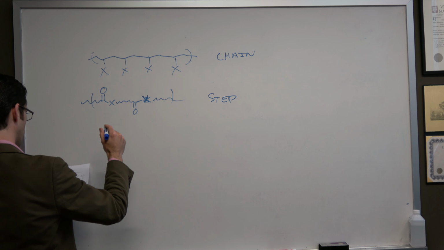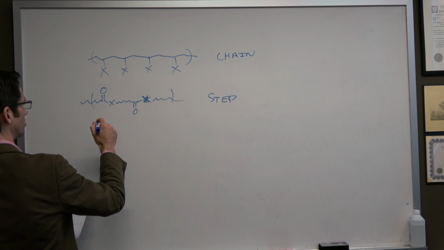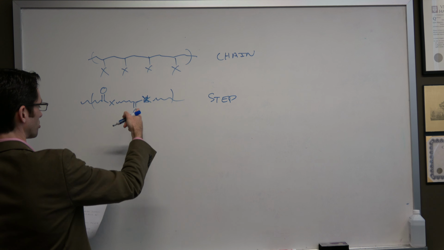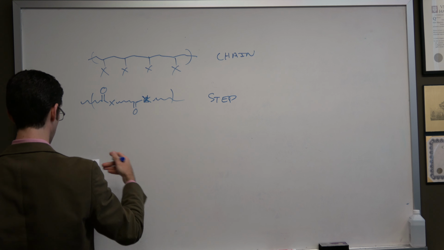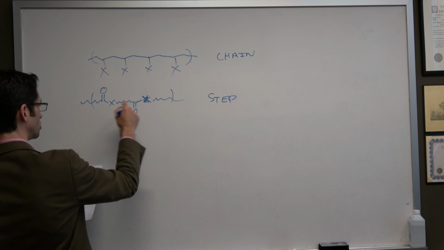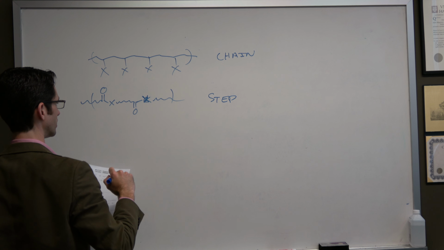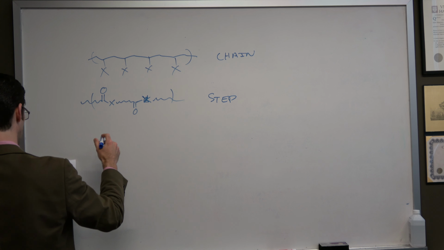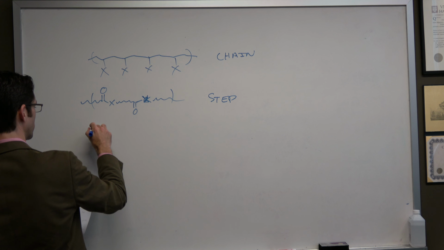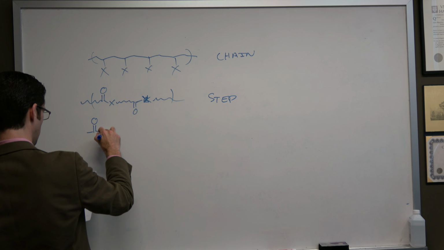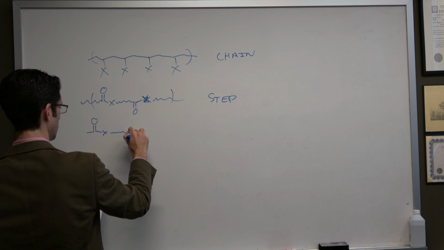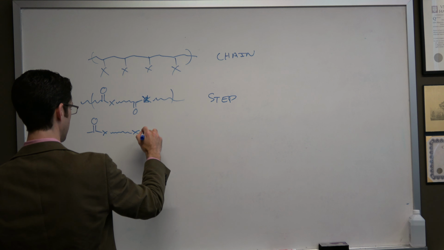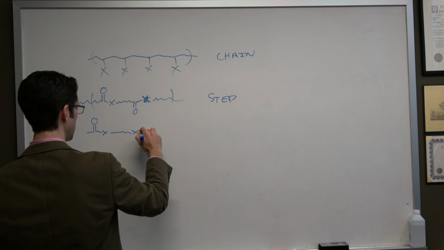You could also, so this was derived probably from, say, an AB type monomer, where we've shown two repeat units in here, but you could also envision it being derived from an AA and BB type monomer.